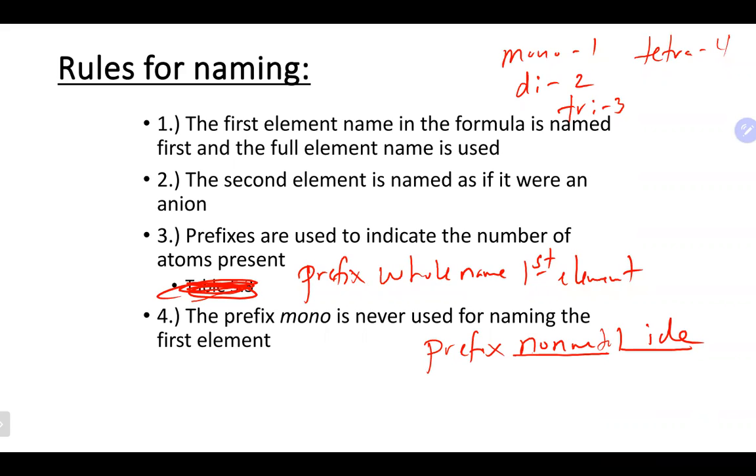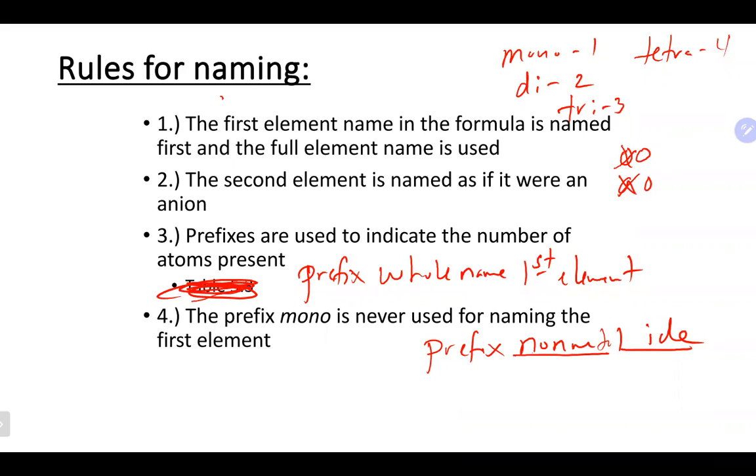There are a couple rules. One rule is we never use mono on the first name, but it is okay to use it on the second name. And what happens sometimes with our prefixes is we can get a couple of vowels that back up to each other, like a couple of O's. So we typically get rid of the O on the prefix, or with an A and an O, we get rid of the A on the prefix.